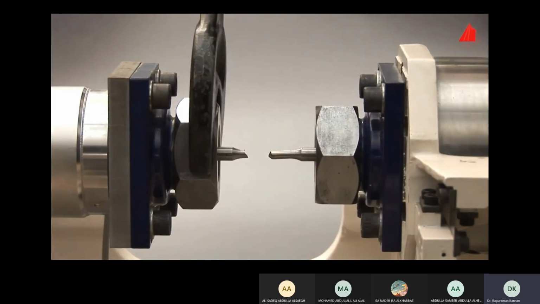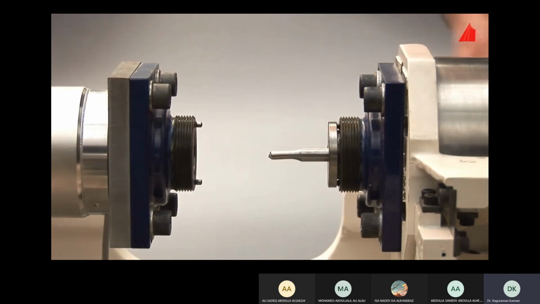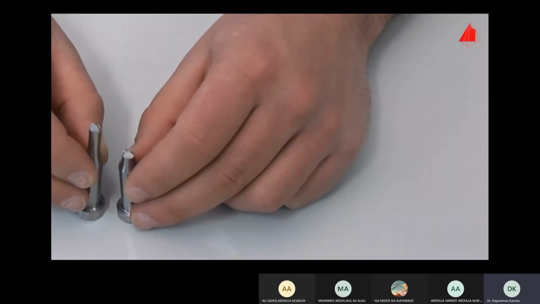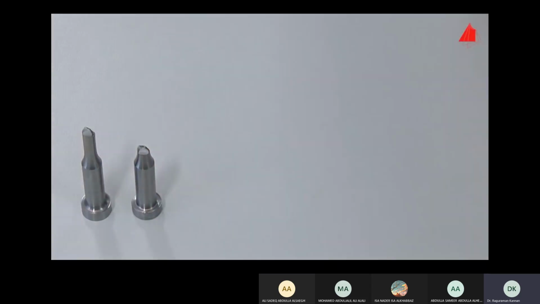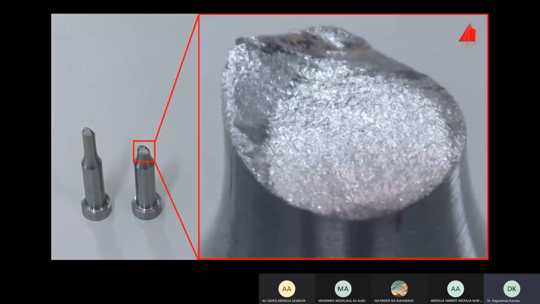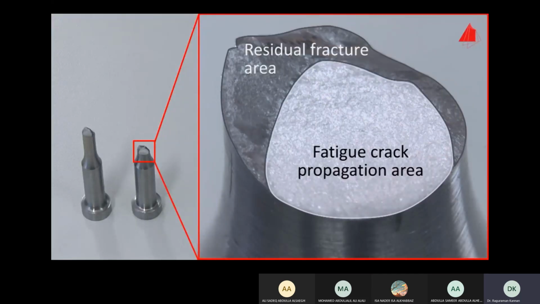The material tester removes the fragments cautiously and inspects the fracture surfaces. At first glance, the fracture surface looks unimpressive. A closer look reveals 2 regions: the rather dull, predominantly flat fatigue crack propagation area and the rough residual fracture area.